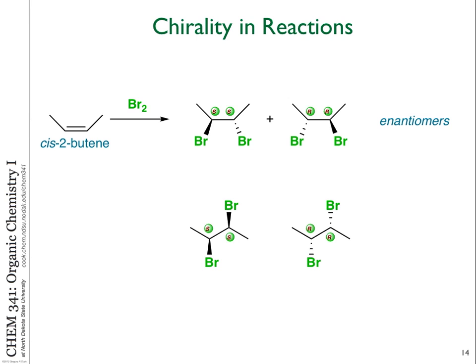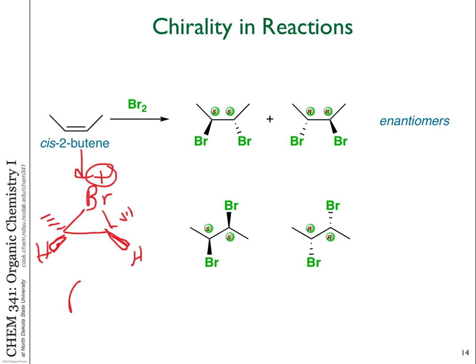If we start with the cis-2-butene, it's stereospecific in that the bromonium ion forms this intermediate. Those are the CH3 groups in the back and hydrogens in the front. We still have the bromide coming from the bottom. It could attack on this side or this side. That would lead to the formation of this one and this one.